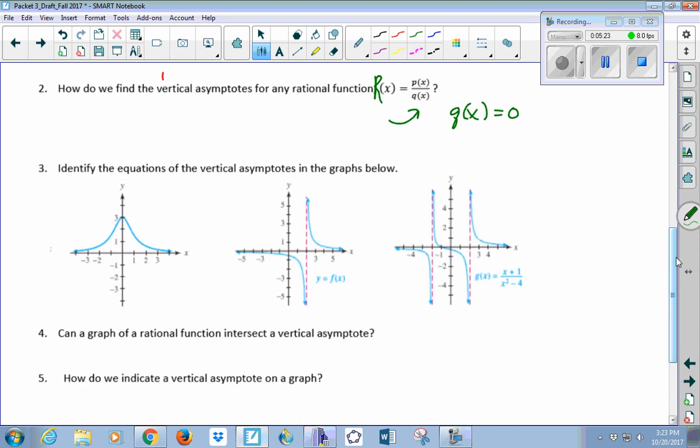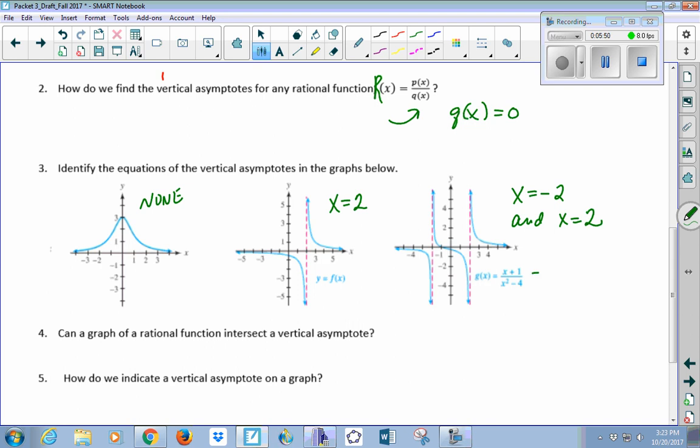Identify the equations of the vertical asymptotes in the graph below. Well, this graph has no vertical asymptote. There's no dotted vertical lines. So this one has none. This one has a vertical asymptote at x equals 2. And this graph has two vertical asymptotes, one at x equals -2 and one at x equals +2.